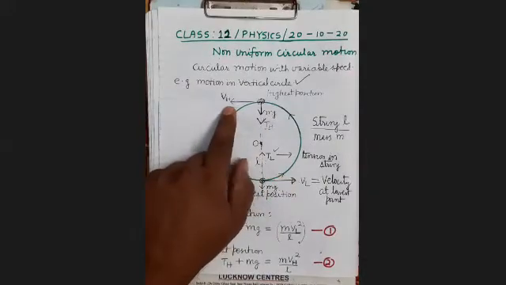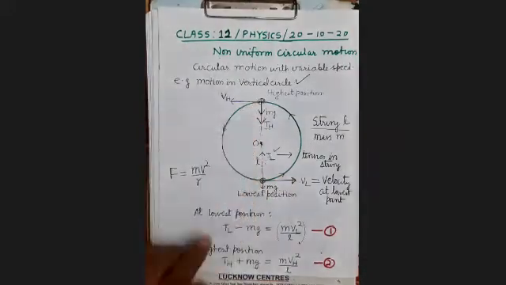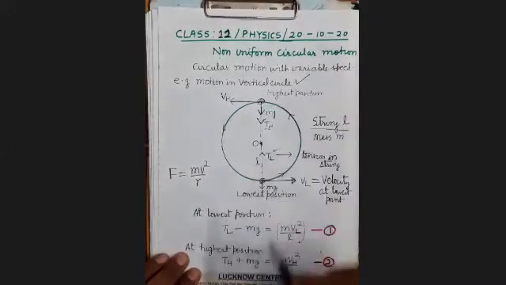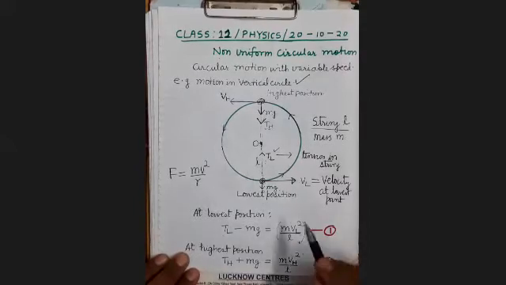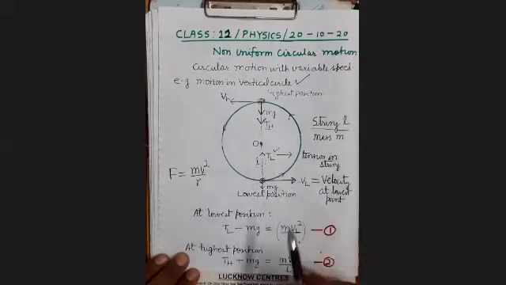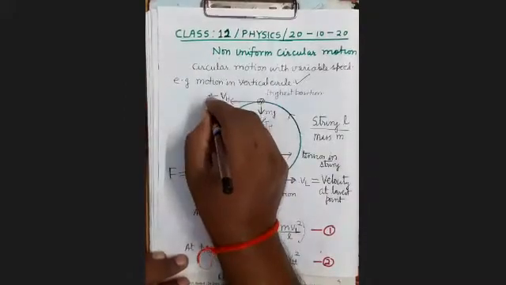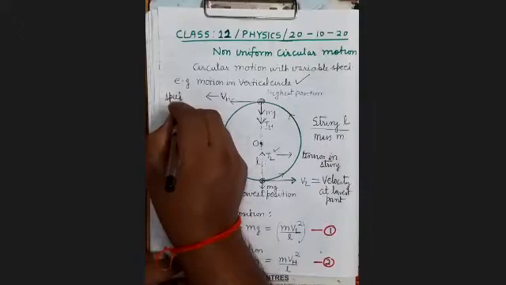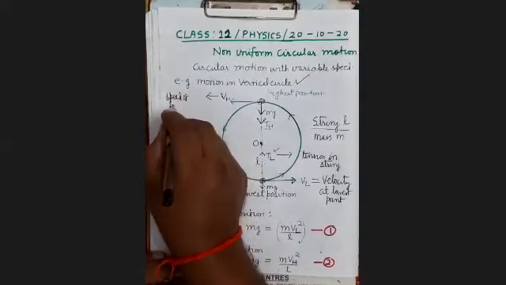Speed is VH, mass is m, and the radius of the circular path is L. So it will be m VH square upon L. It's clear? VL is the speed of the body when it is at the lowest position. VH is the speed of the body at the highest position.